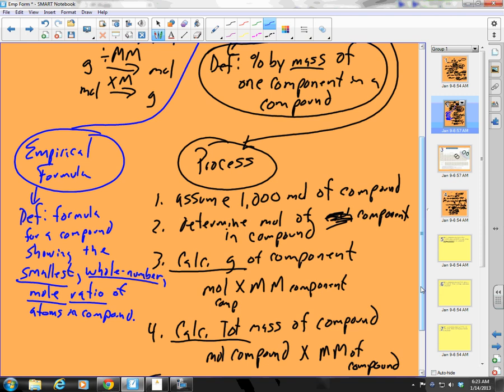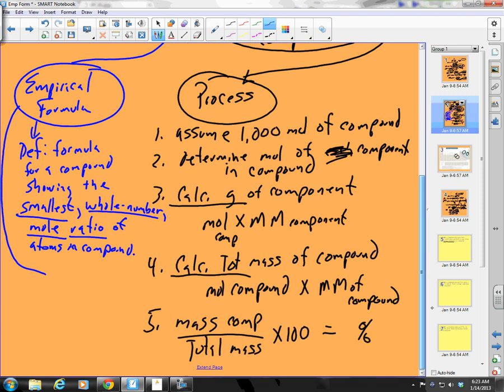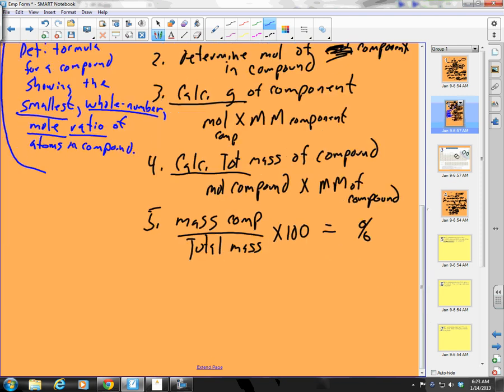From there, we can come up then with a process. Let's figure out a process for solving empirical formula questions. So here's my process. Here's the way we're going to solve these. Number one, last time we assumed what? We assumed 1 mole. In this case, we are going to assume, hold on.